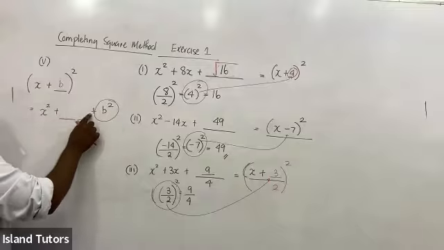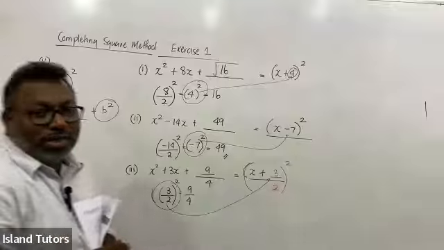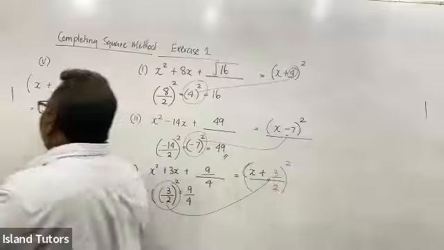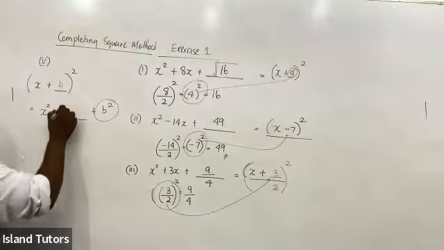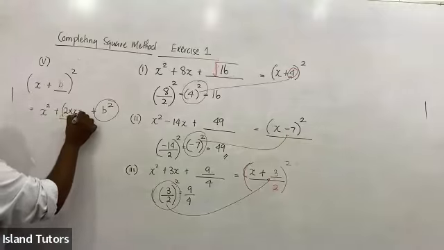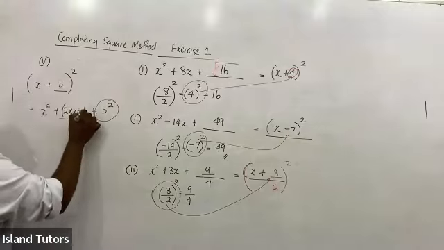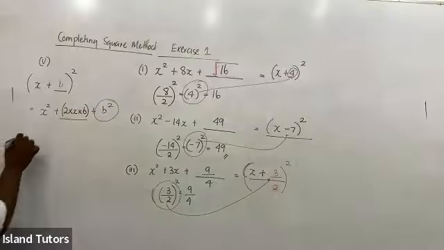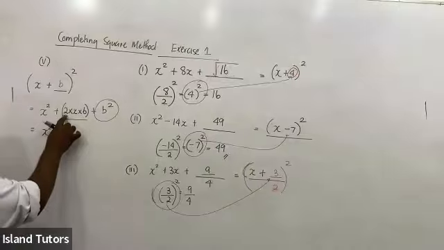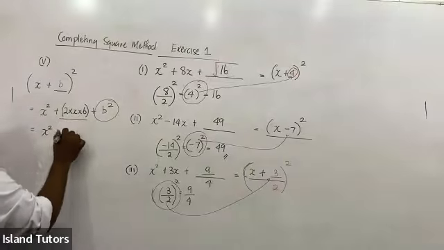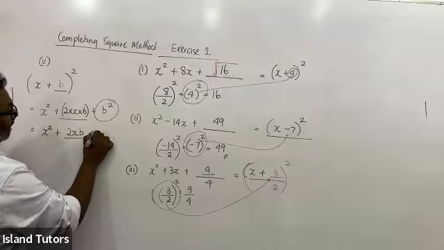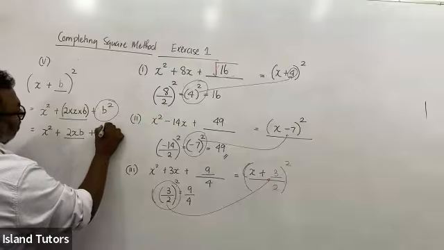What is your middle term? Remember how we did the shortcut of quadratic equation? Middle term, how did we arrive at that? 2 times your first term multiplied by your second term. So your answer therefore is x squared plus 2 into x into b, 2xb, plus b squared.